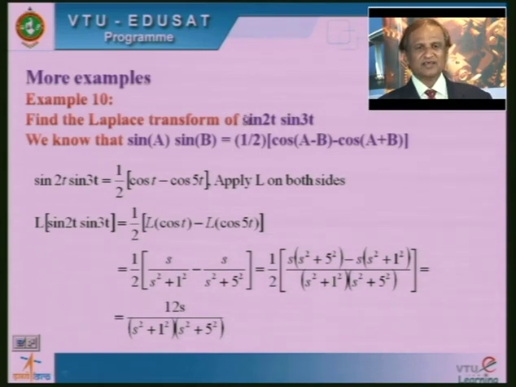So for that reason, I can say that a given function is not in the standard form. Not in the standard form means, if it is sine 2t, I can find out the Laplace transform. If it is only sine 3t, I can find out the Laplace transform. Here they have given the product sine 2t sine 3t.